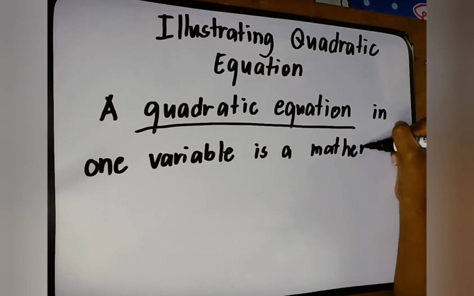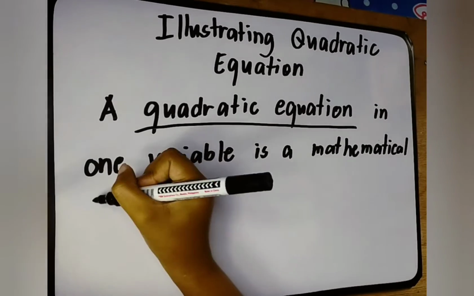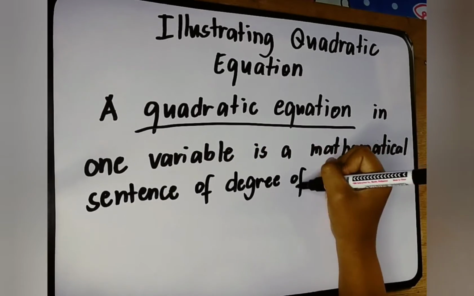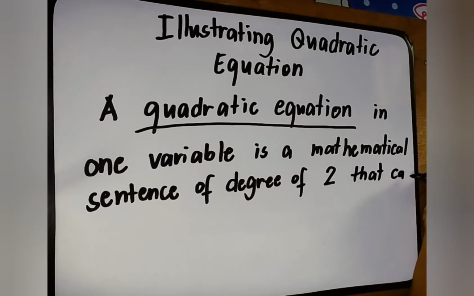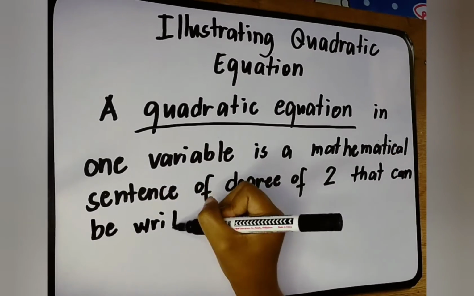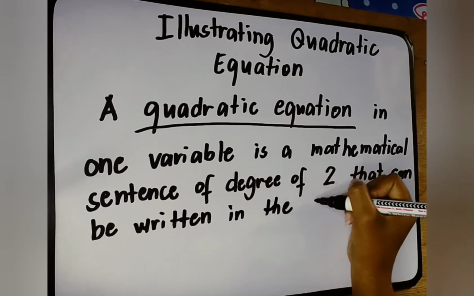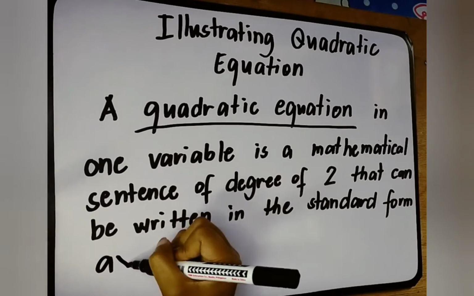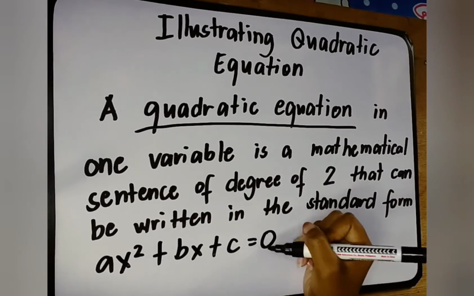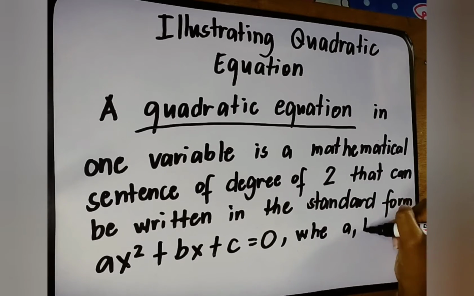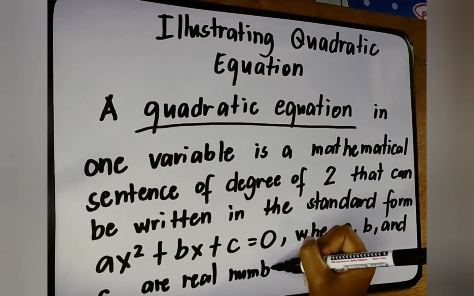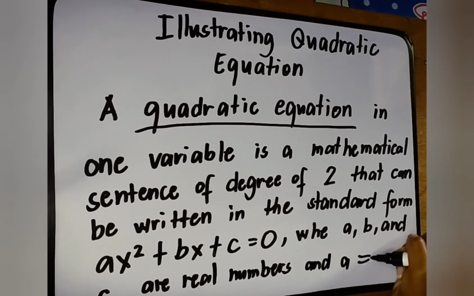A quadratic equation in one variable is a mathematical sentence of degree 2 that can be written in the standard form, which is ax squared plus bx plus c is equal to 0, where a, b, and c are real numbers and a is not equal to 0.